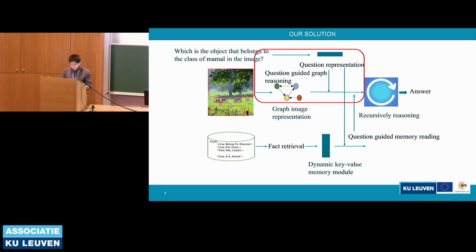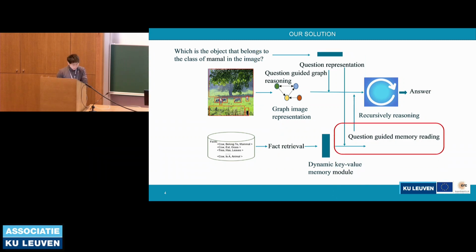This graph representation is further used to update our question representation. We also have question-guided memory reading, where we use the question representation to gather useful information from our memory modules. During inference, we first decide a predefined number of reasoning steps, and then we do these two reasoning steps recursively until it finally outputs the answer.